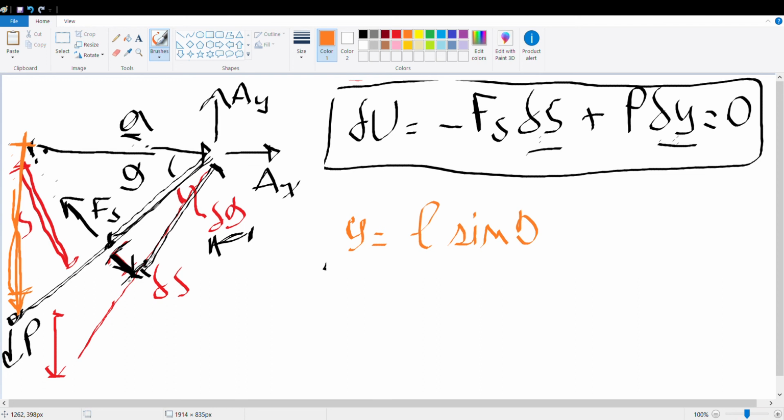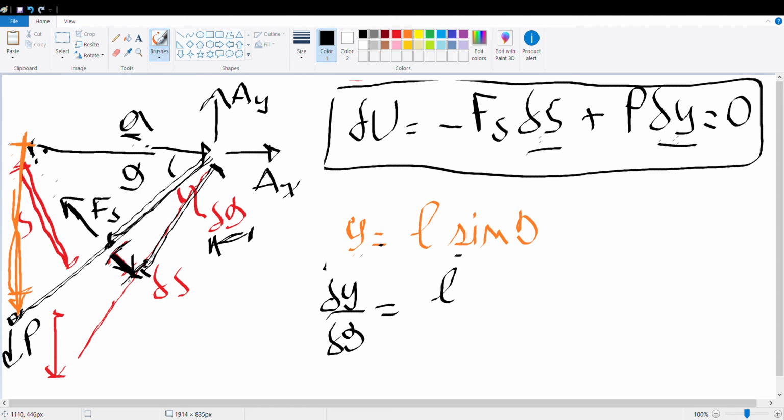I do the exact same thing as I did before. I want to express delta y as a function of delta theta, so I derive my function y with respect to theta. So I get delta y over delta theta is equal to this derivative. The derivative L is a constant, it stays there.